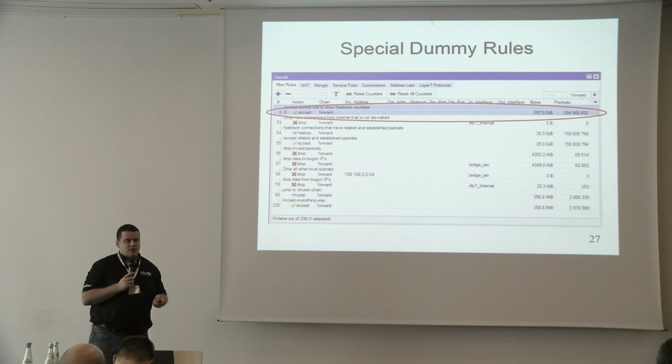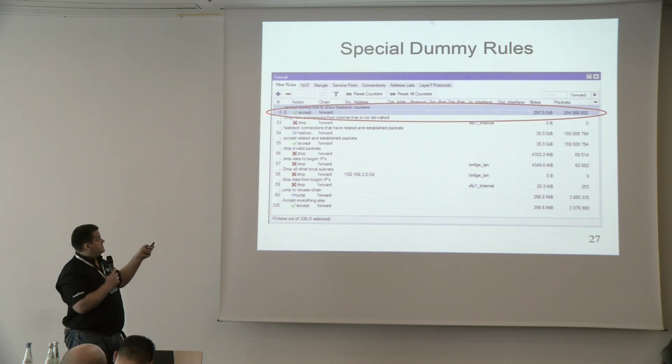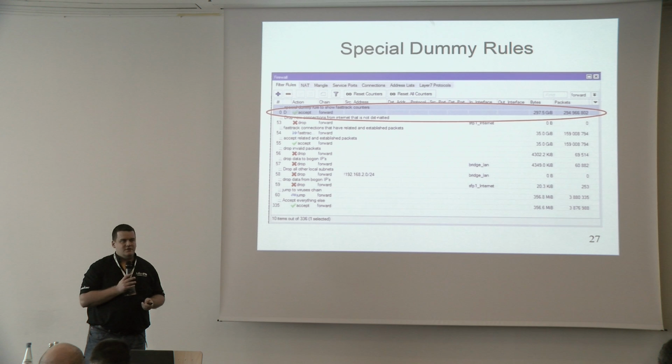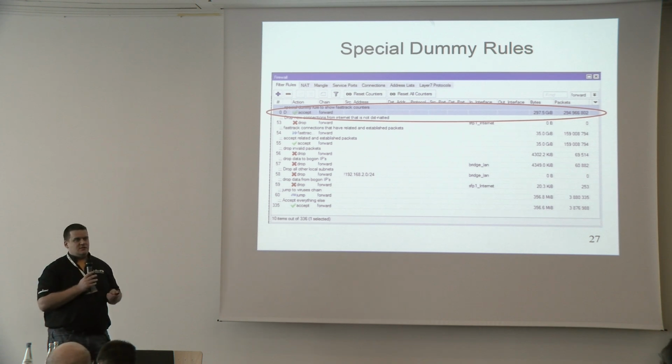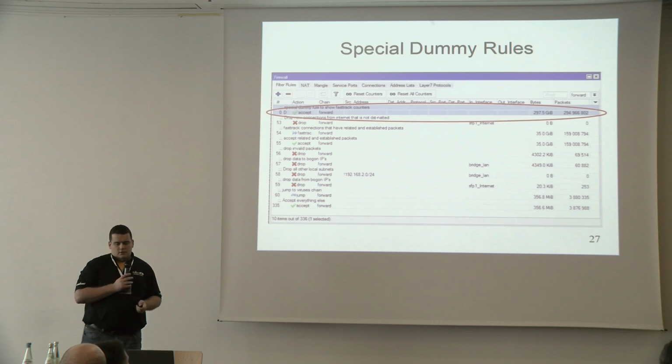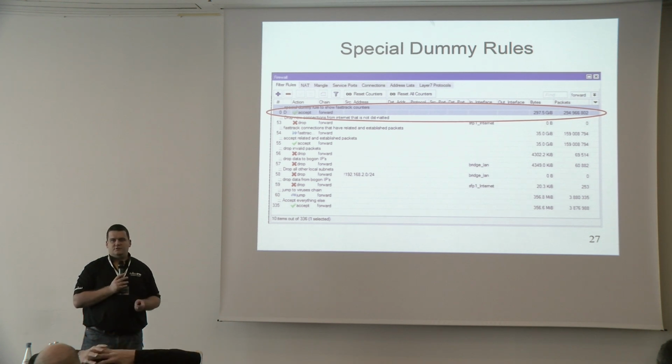That's why we tried to help you, and we added a special dummy rule, which is not actually a rule, it's just a counter, just to show you and indicate that you have fast track enabled, and that the traffic captured by fast track is not going through your rules. But we got very mixed replies from our customers. Some of them loved the feature, some of them hated it. So currently we don't know what to do.